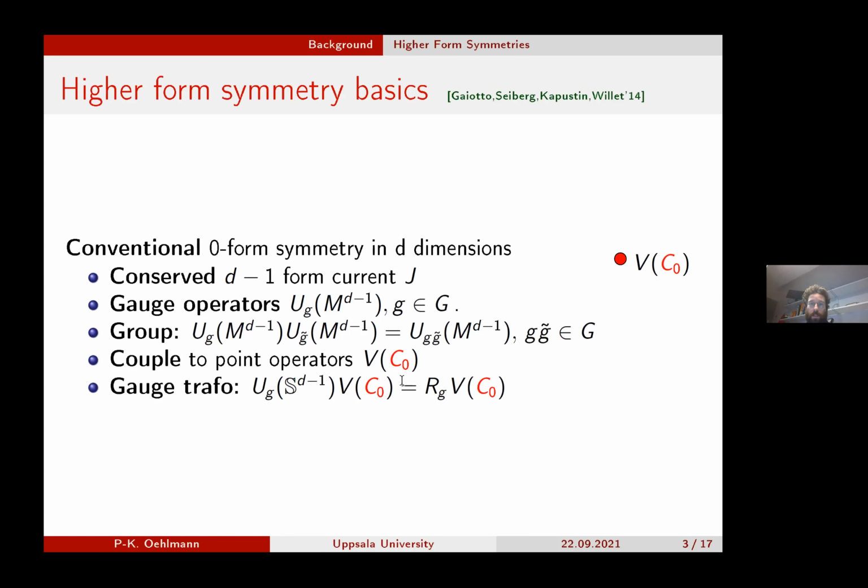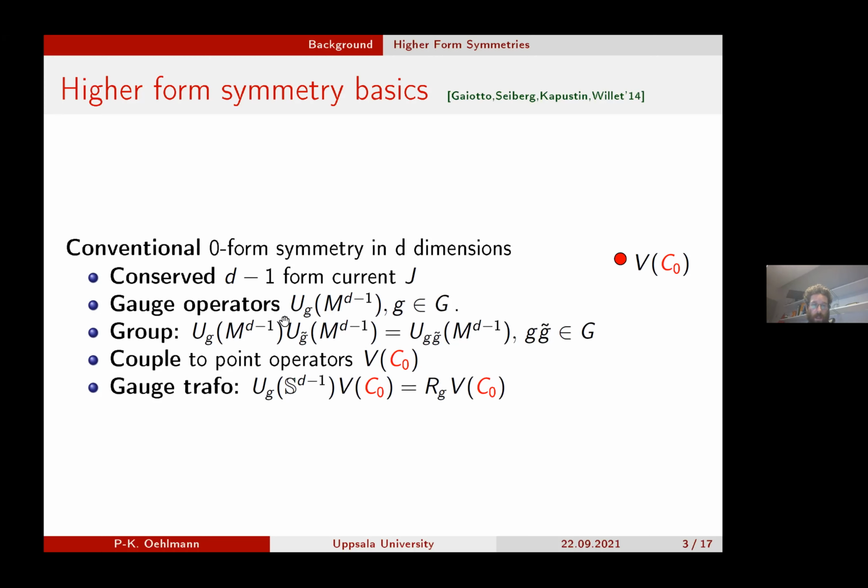Great. So let's give a lightning review of what a higher-form symmetry is. For that, it's always best to remember what a zero-form symmetry is. If I have a zero-form symmetry in d dimensions, as it was generalized and worked out by Gaiotto, Kapustin, Seiberg, Willett in 2014, then for a continuous symmetry you have a (d-1)-form current J. You have some operators U_g that are supported on some (d-1)-dimensional manifold, and this operator itself satisfies a group law.